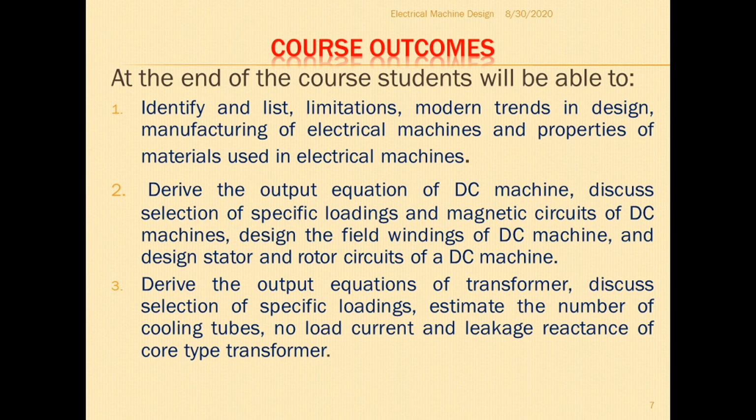Second, they will derive the output equation of DC machine, discuss the selection of specific loadings and magnetic circuits of DC machine, design the field winding of DC machine, and design the stator and rotor circuit of DC machine.